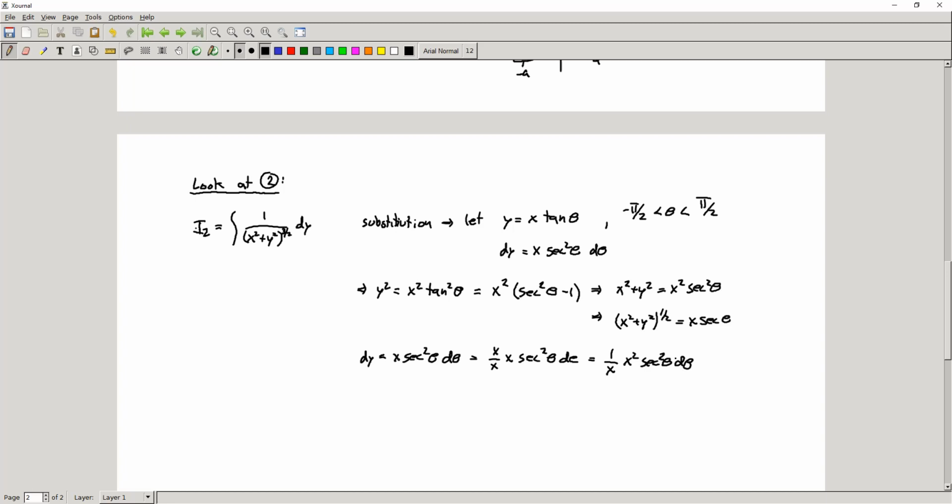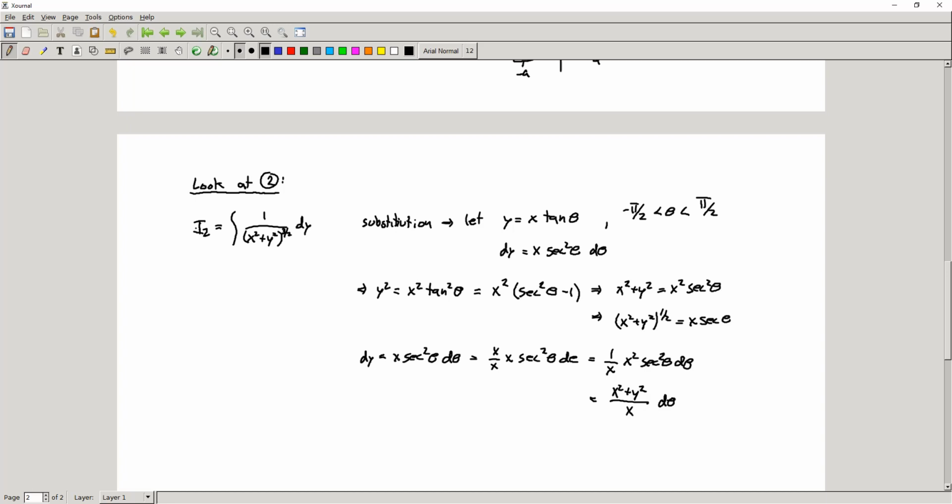And so careful, because we have the same expression up here, right? And so I can rewrite this one more time as I'm squaring this expression up here. So I'm going to end up with an x squared plus y squared, replacing this term here. And so what we end up with is x squared plus y squared over x d theta.